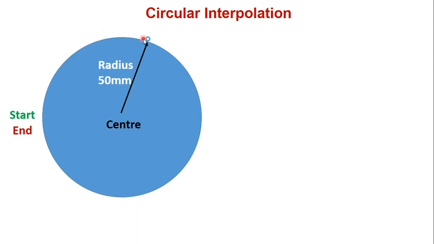I have to go completely either in the clockwise direction or anti-clockwise direction, and then end at the same point. So both starting and end point are the same. As per the old logic, G02, let's say I'm going clockwise and the end points are X0 and Y0, radius is 50, everything is fine. So what does the program do? I am at X0 Y0.